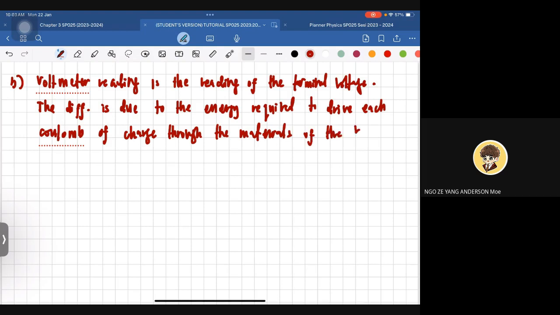This is the answer scheme answer. Basically, the difference is due to the presence of internal resistance. When current flows through the internal resistance, there will be some loss of volts. That's the answer, but this is the answer scheme, so I just follow the answer scheme. Okay, so that is on explanation.